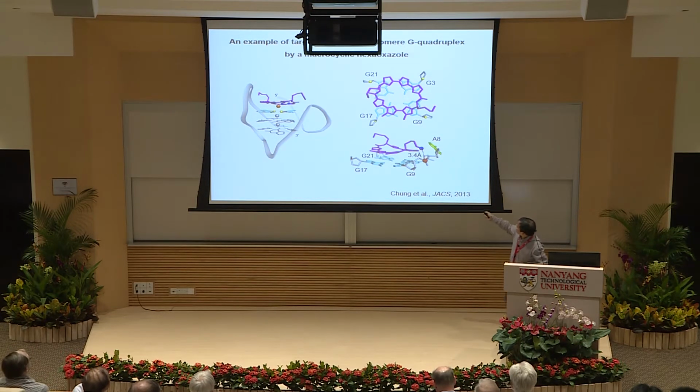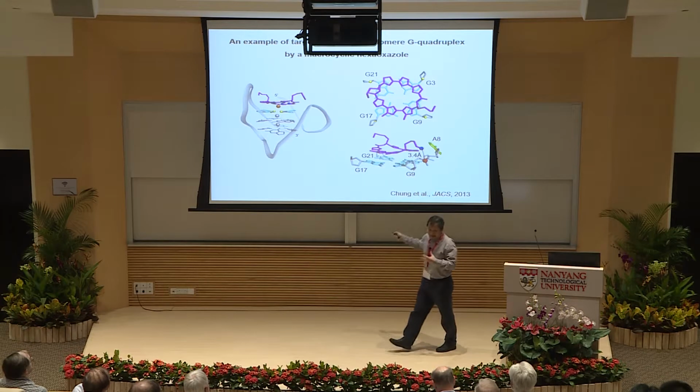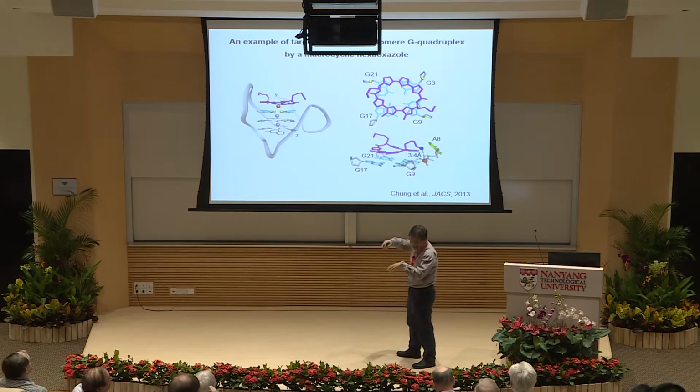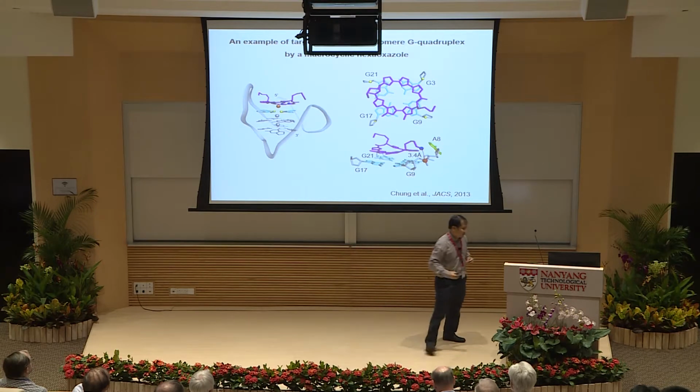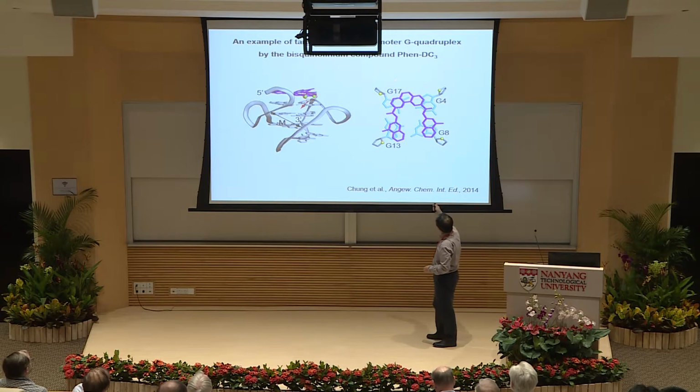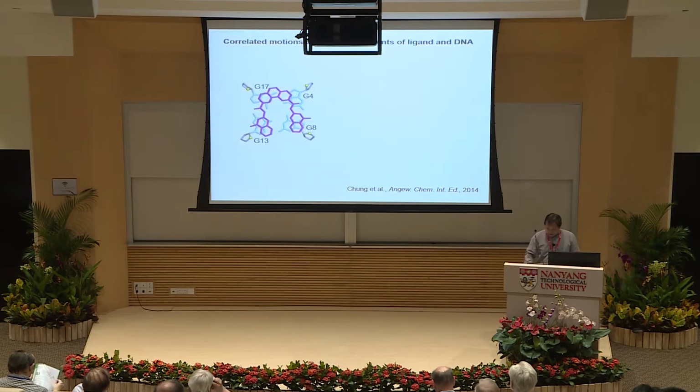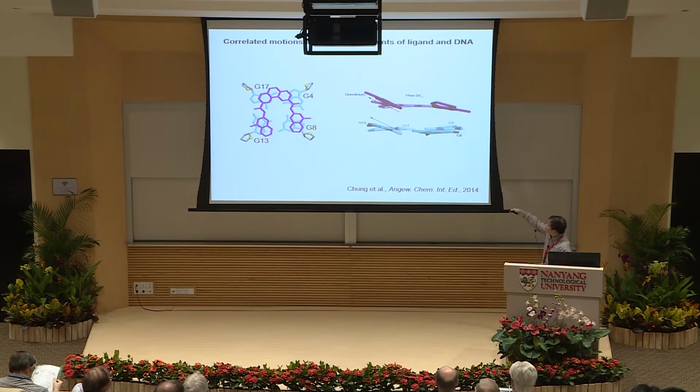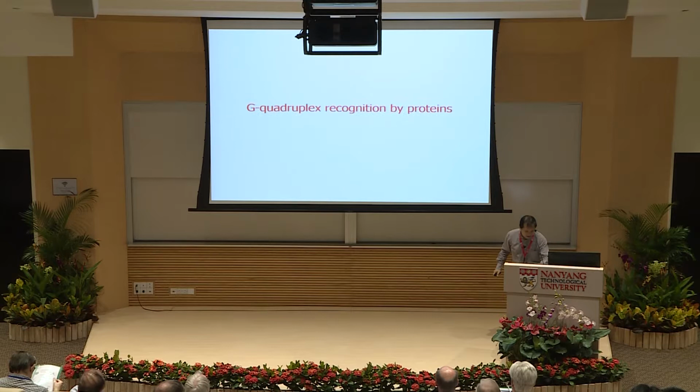We saw the structure, and the feature of recognition of this compound is stacking on the end and providing electrostatic interaction to the phosphate backbone. Another potent compound again shows a similar feature with positive charge close to the phosphate. You can even see the individual moiety inside the compound, by simulation, moving together with some bases.